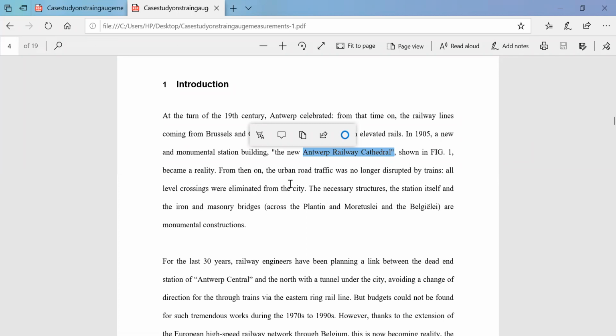So the crossings of the railway tracks were eliminated from the city, and hence there was no traffic disruption on the urban roadways. The necessary structures, the station itself and the iron and masonry bridges, are monumental constructions. So what they used to construct this station is based on the iron and masonry bridges.